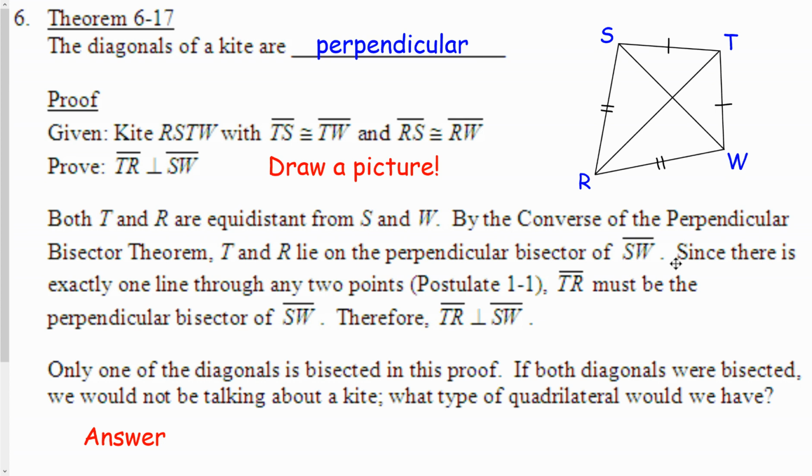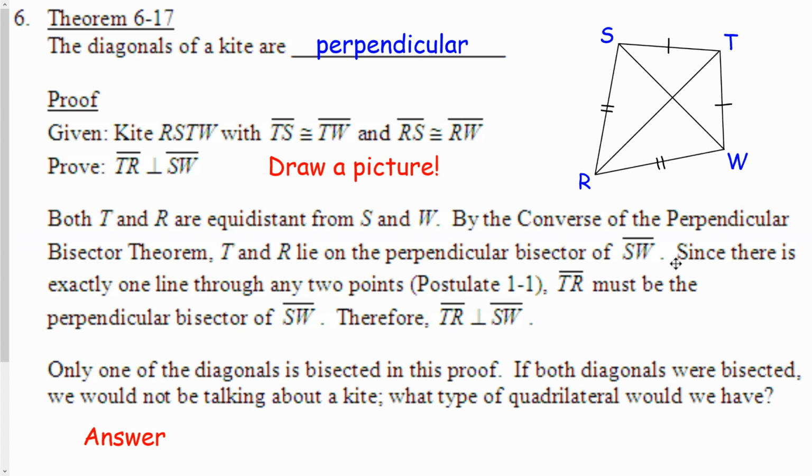Since there's only one line through any two points from way in the beginning of the year, segment TR has to be the perpendicular bisector of segment SW, which then means they have to be perpendicular, and we have proven the theorem that says diagonals of a kite are always perpendicular.